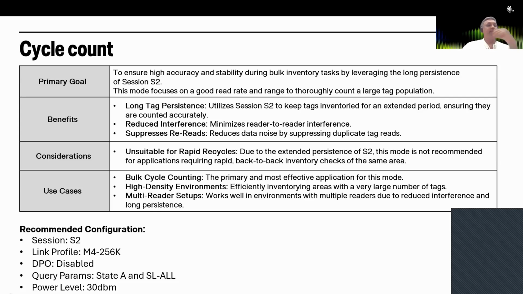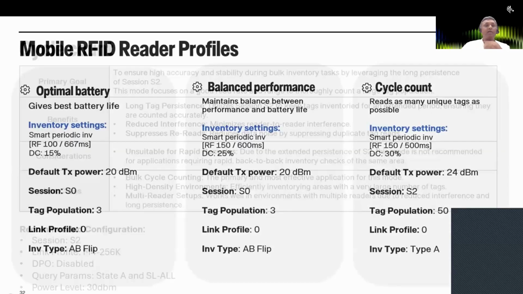So let's see the details of the configurations. We would be using S2, link profile M4 256K, DPO disabled, state A and SL all, and since we want to cover the coverage, it will be the 30 dBm power level, right?